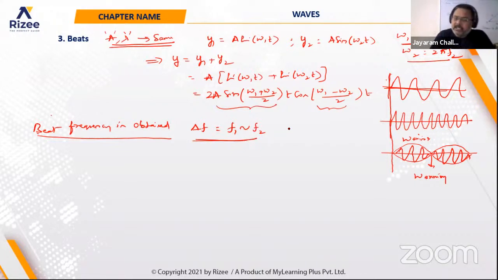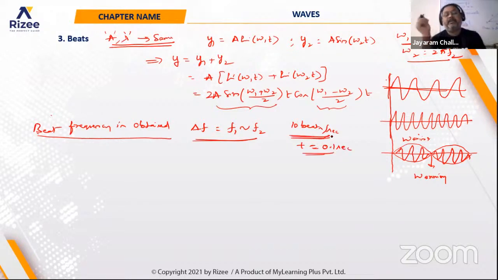A human ear can only identify up to 10 beats per second. The persistence of hearing of the sound, that means the time the beat or the wave sustains in the human ear, is 0.1 second. So he can identify only 10 beats per second.